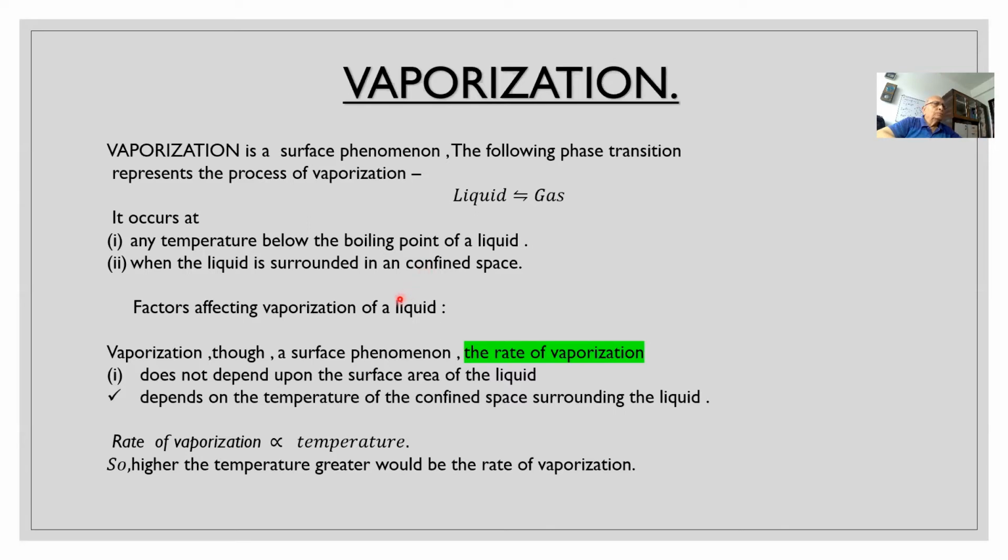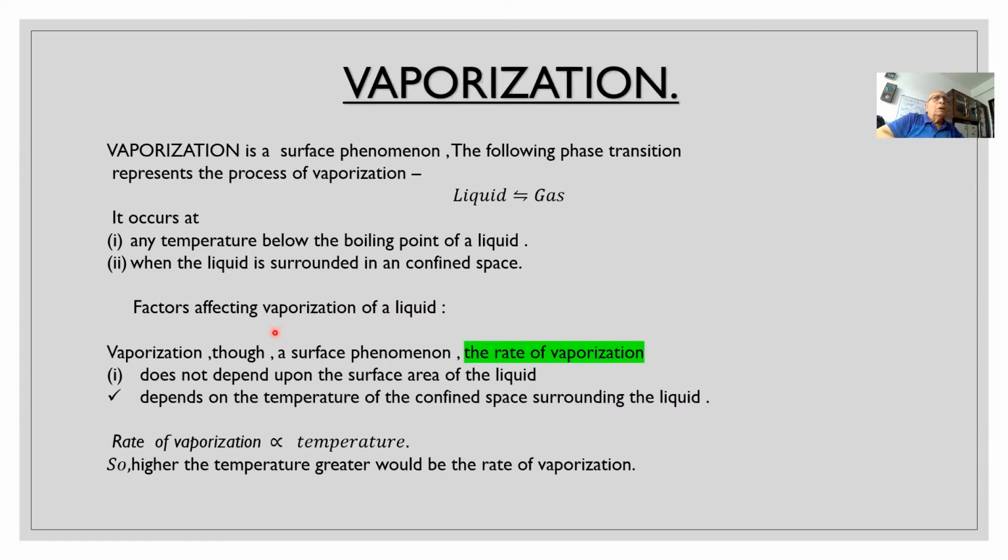But what is evaporation? Evaporation, there is a little difference. Evaporation occurs in an unconfined space, an open area. Suppose water spills here in your room, and you don't say it gets vaporized. We say it gets evaporated because it is an open space.